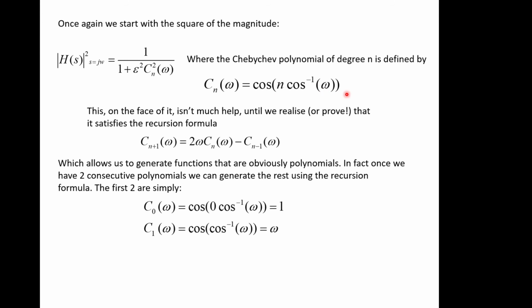So why he came up with this, I don't know. Where it came from, I don't really know. But it just happens to be a very useful function in terms of defining filters.